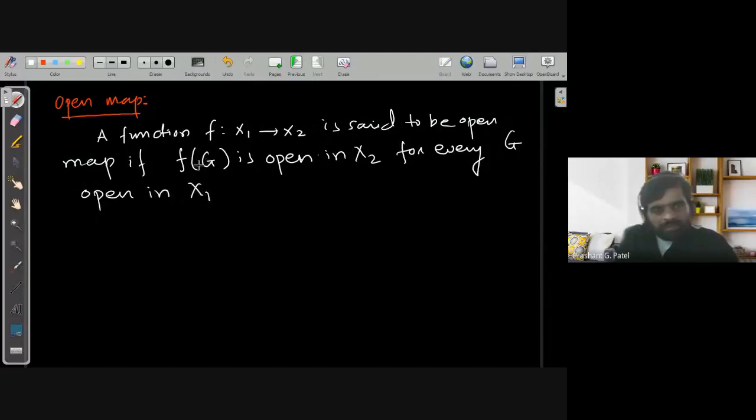That means a map which sends open sets to open sets is called an open map.